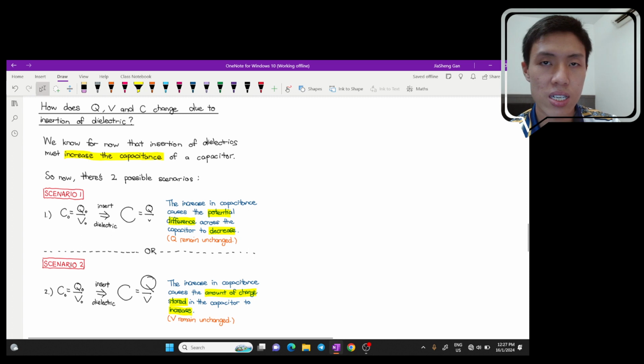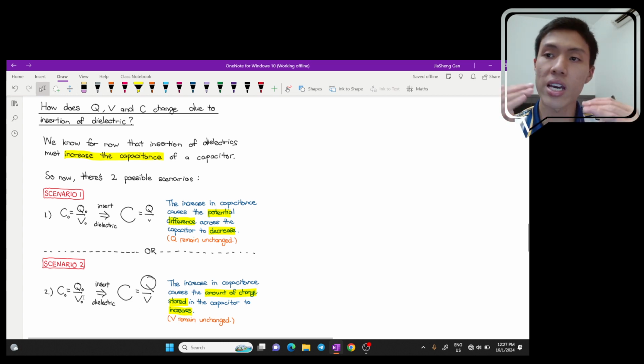Scenario 2 is the opposite of it. Scenario 2 is you still have your capacitance increase because dielectric always increases the capacitance. So this one is a must. Our capacitance must increase. But instead of Q being kept constant like scenario 1, for scenario 2, it is V that is being kept constant. So the V doesn't follow along the change of C. The V will still remain the same.